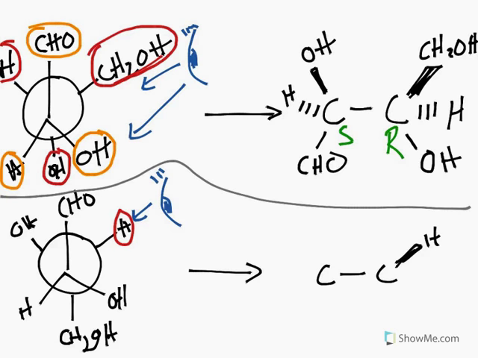What's on the other side of the page, what's going in the opposite direction away from you, and it's that OH right here. So that OH right there is what's going in the back of the page, the back of your tablet or phone or computer.